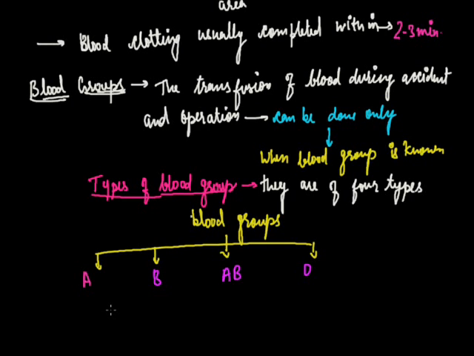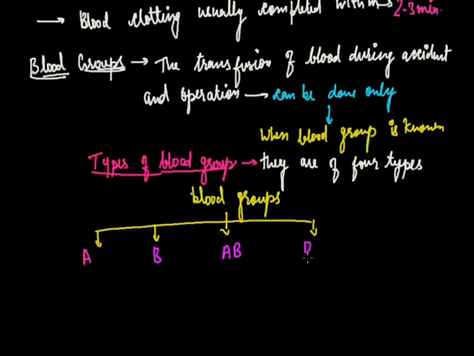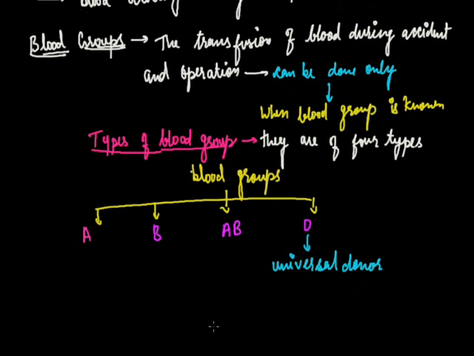Blood group O is the universal donor. It means blood group O can give blood to all kinds of blood groups.